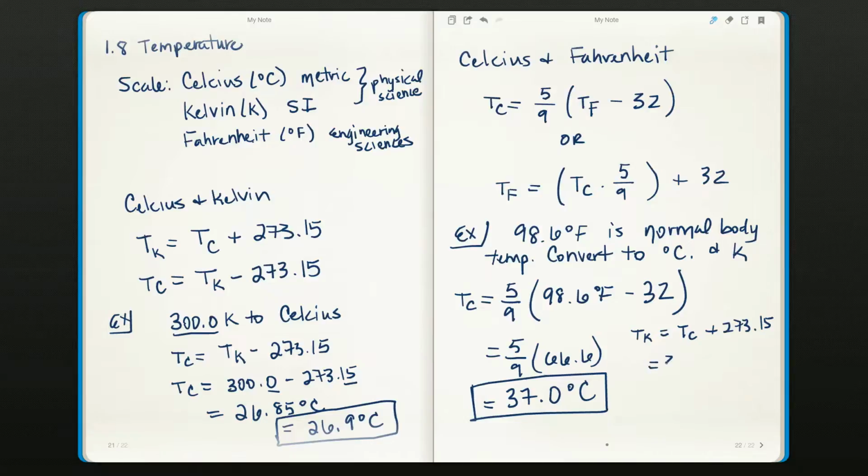So if we plug our numbers in, 37.0 plus 273.15, we do that math, we get 310.15 Kelvin.